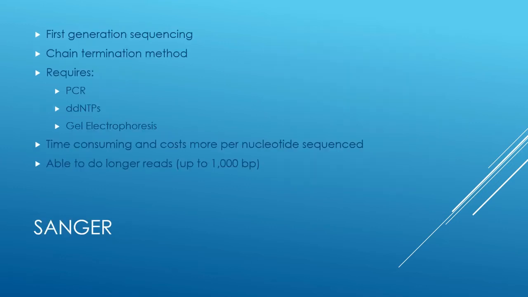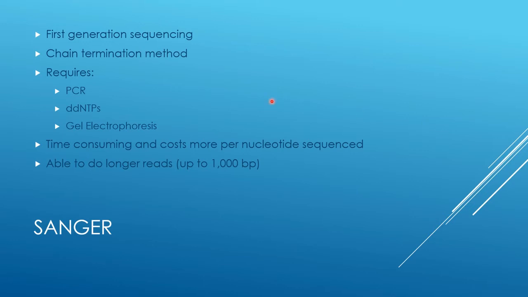So the first sequencing method we'll be talking about is Sanger sequencing. This was the first common sequencing method developed by Frederick Sanger in the early 1970s, and it's also referred to as first-generation sequencing.